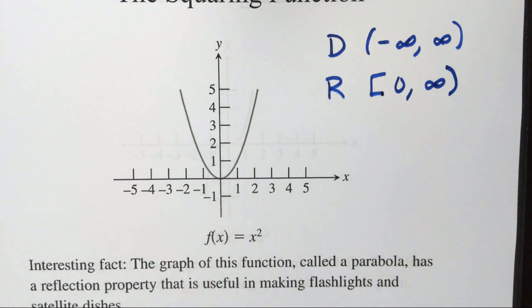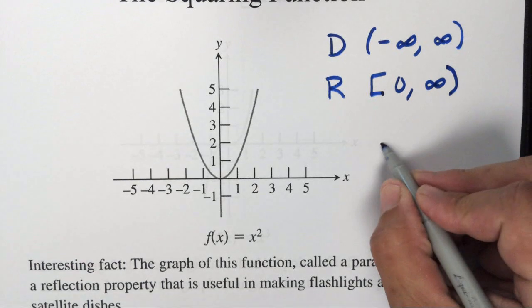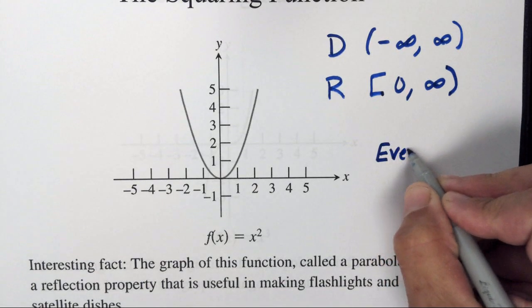Okay? Does this function have symmetry? Yes. Across what? The y-axis. So what did we learn those couple of days before we left? That when something has symmetry across the y-axis, it is known as an even function.